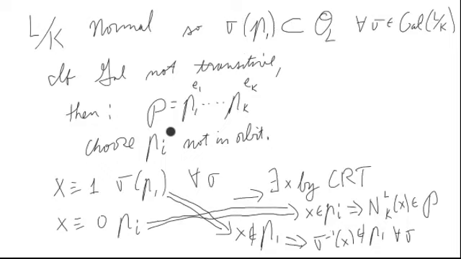If it's not transitive, then we can pick a prime that's not in the orbit of, say, the first guy right here.